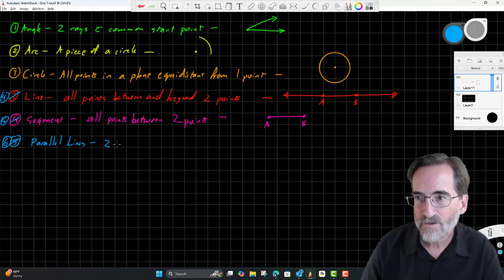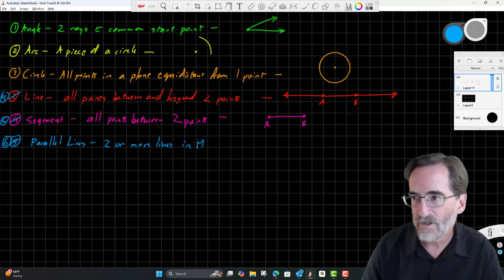Two or more lines in the same plane. That's an important distinction. That never intersect.